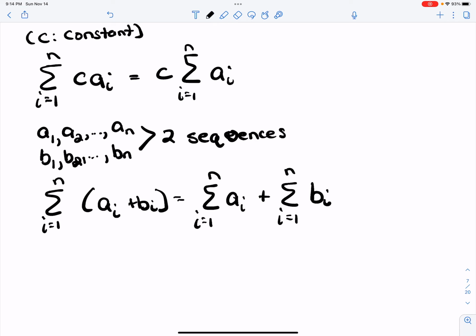So like if you're adding 1 plus 2 plus 3 plus 4 plus 5 plus 6, you could add them all up as is, or you could add up 1, 3, and 5, and then add up 2, 4, 6, and add those together. So you could group them differently if you want to. Whole associative property idea.